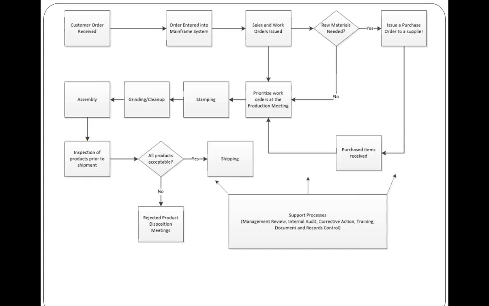Okay, here is the same map that we were just looking at, but now you'll note that it has a box for support processes: management review, internal audit, corrective action, training, document records control, and we have some unconnected arrows here. And the obvious intent is that these support processes support the entirety of what's happening here. These are all done in support of what we might call the core or key processes.